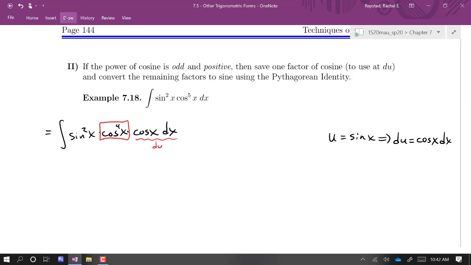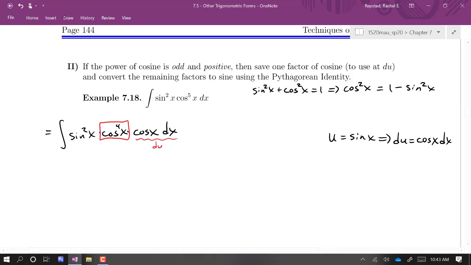So again, let's use Pythagoras. Pythagoras tells us sine squared x plus cosine squared x is equal to 1, which means cosine squared x is 1 minus sine squared x. Now we don't just have cosine squared, we have cosine to the fourth, but you can use Pythagoras on any even power.